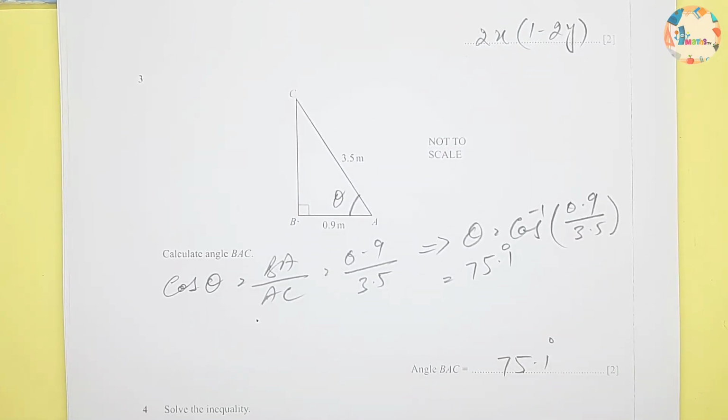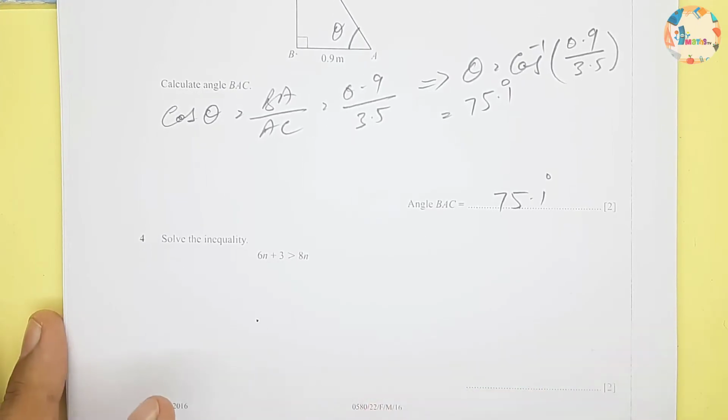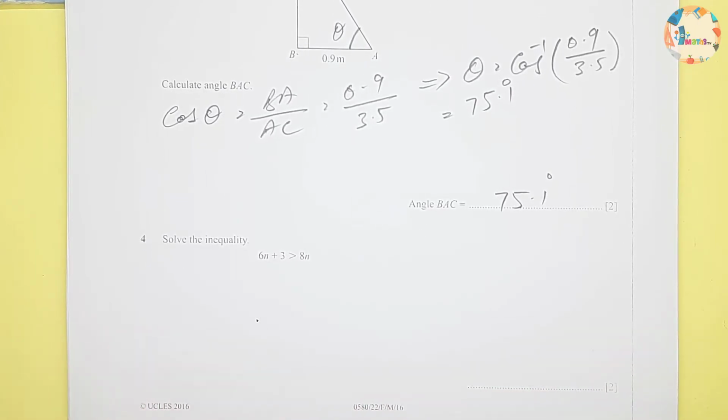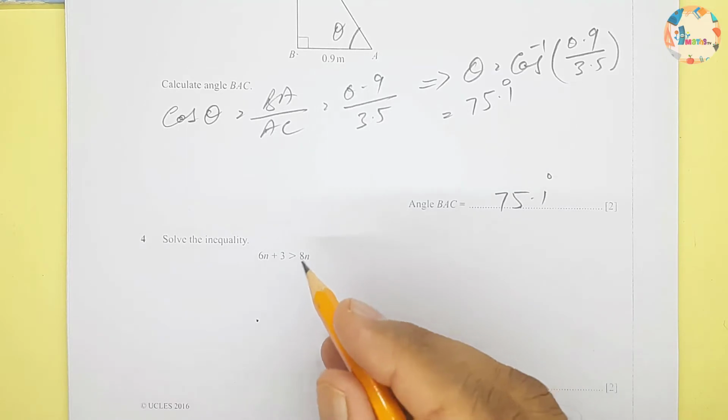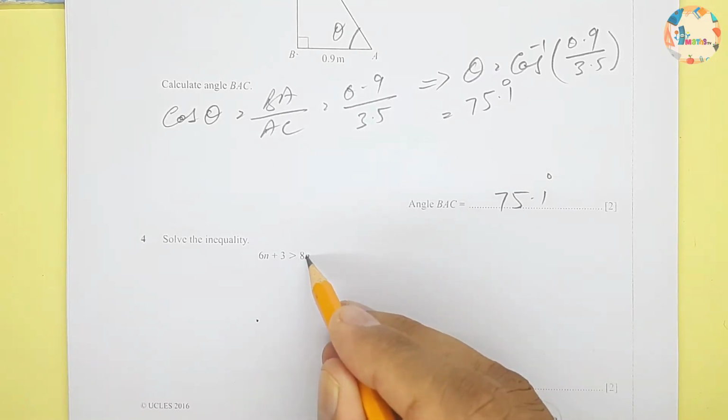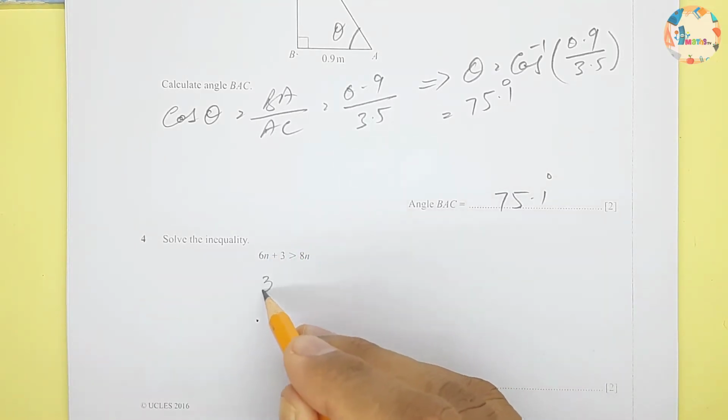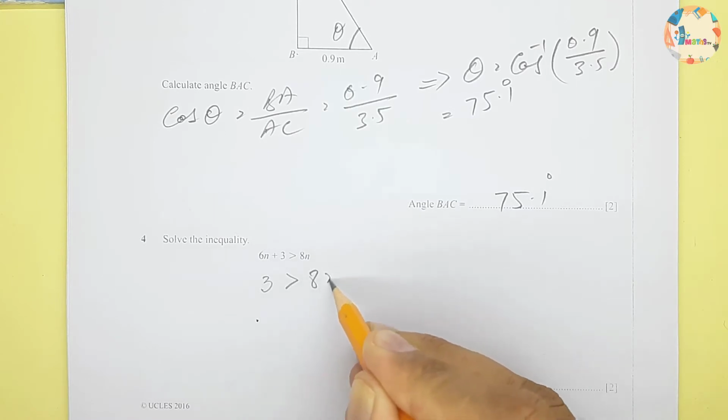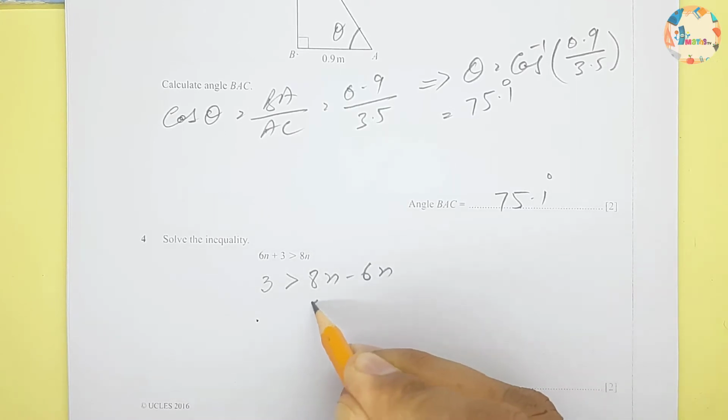Solve the inequality. Question number 4, we have to solve this inequality. 6n plus 3 is greater than 8n, so we will be shifting 6n to this side, so 3 is greater than 8n minus 6n, so 2n.